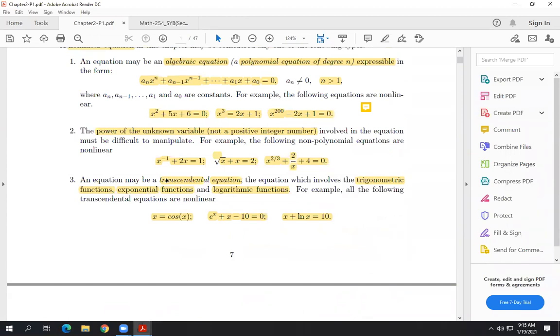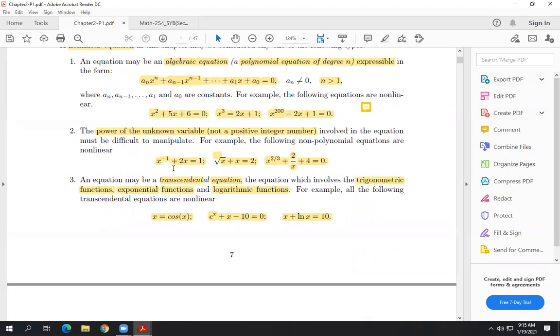You take all the terms on one side and make the other side equal to 0. So the non-zero side is your f of x.